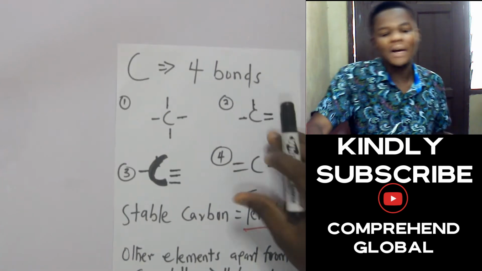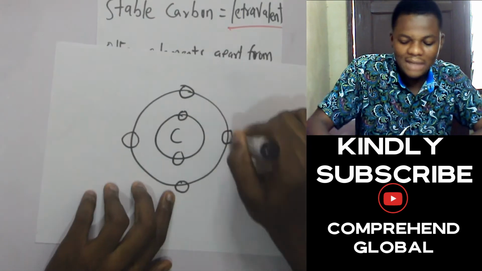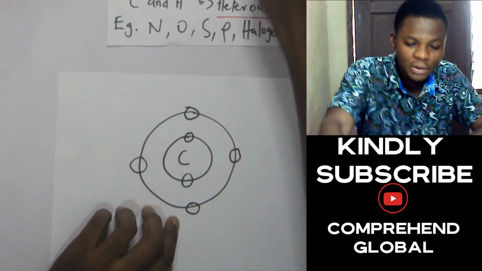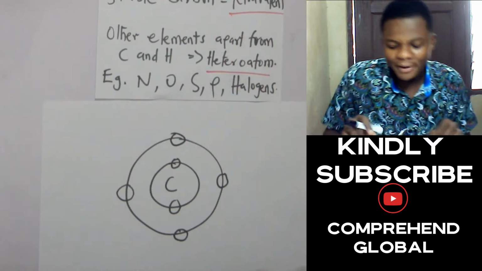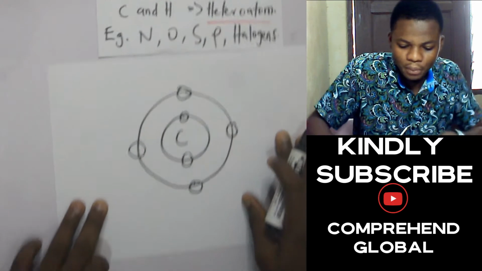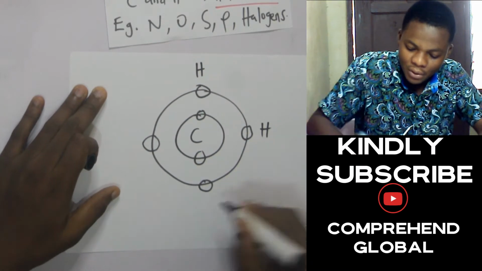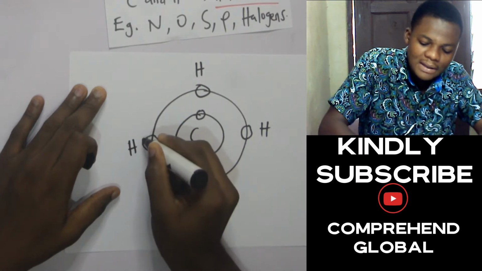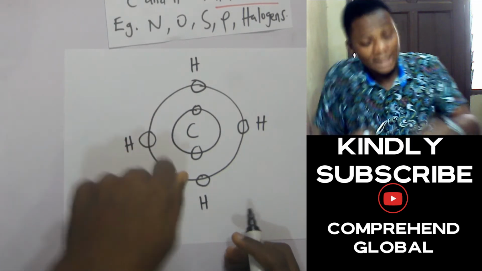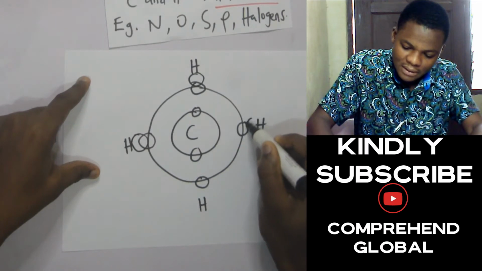How does carbon actually form four bonds? Carbon has four valence electrons, and with these four valence electrons, it is looking to covalently bond with four different elements. Taking methane as an example, we have a hydrogen with a valence electron of 1, another hydrogen with a valence electron of 1, the same for the other hydrogens, and each brings its electron to covalently link with the particular electron of carbon.